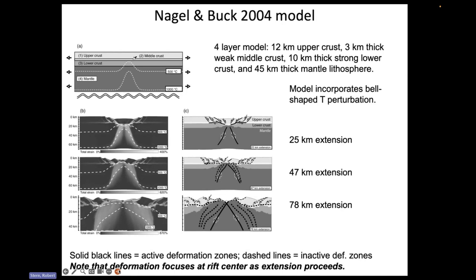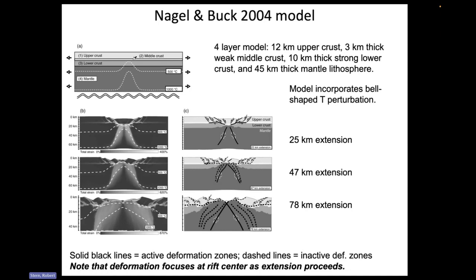So here's another model. Now they're using 4 layers: upper crust, middle crust, lower crust, and the mantle. Here we've got 25 kilometers of extension. Here's 47. Here's 78. And what you can see is the 1,000-degree isotherm is close to the asthenosphere-lithosphere boundary.